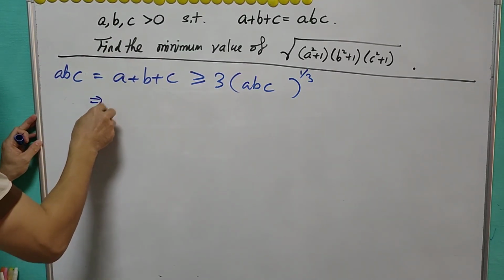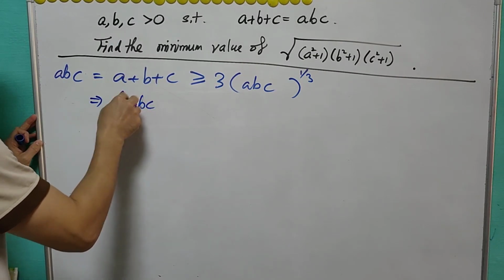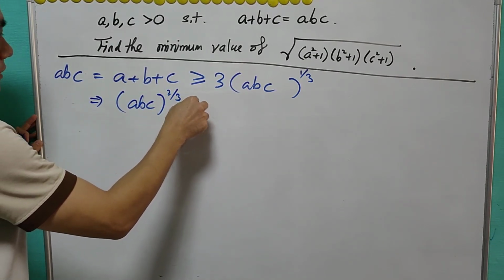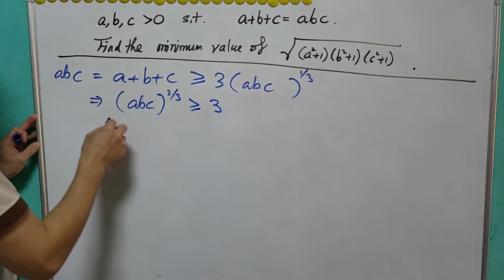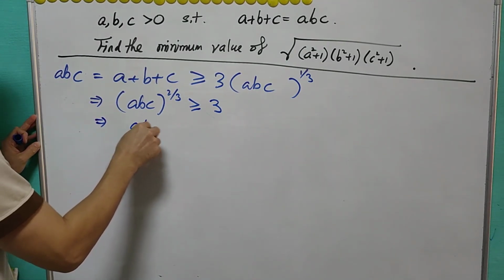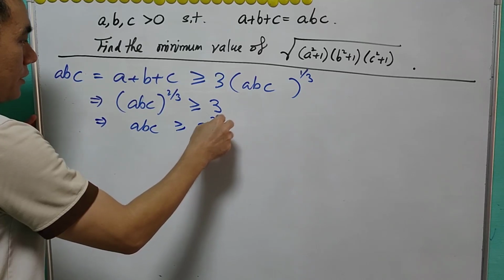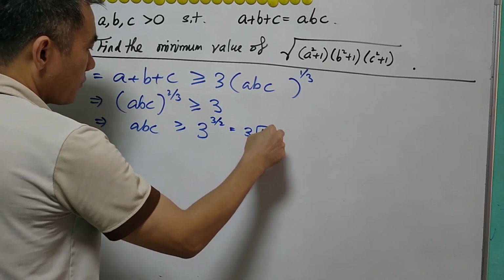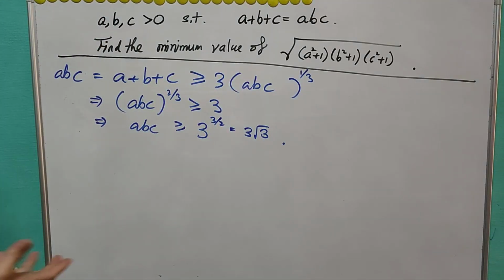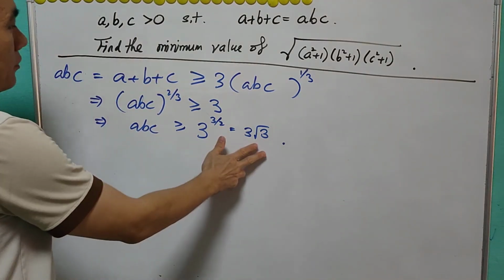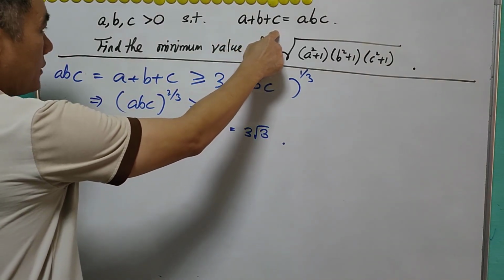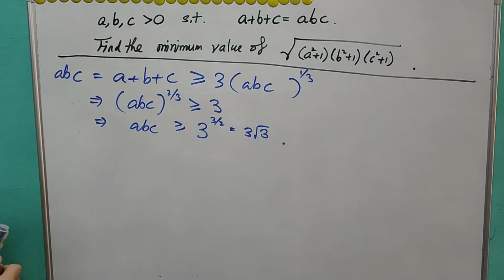So this means that (ABC) to the power of 2 over 3 is greater than or equal to 3, which means that ABC is greater than or equal to 3 to the power of 3 over 2, that is 3 square root of 3. And obviously, equality holds if and only if each of A, B, C equals square root 3.